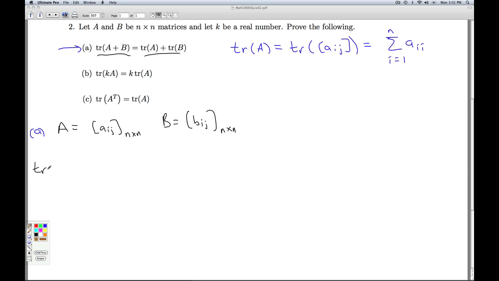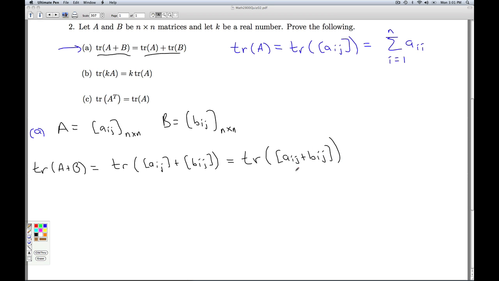So the trace of the matrix A plus B is the trace of the matrix a_ij plus the matrix b_ij. So we're taking it back down to elements. The definition of matrix addition says this is the trace of the matrix a_ij plus b_ij. Remember, with matrix addition, the ij entry of the sum is the sum of the ij entries of these two.